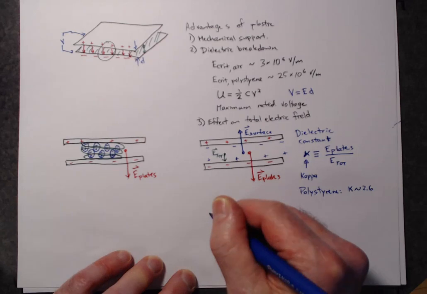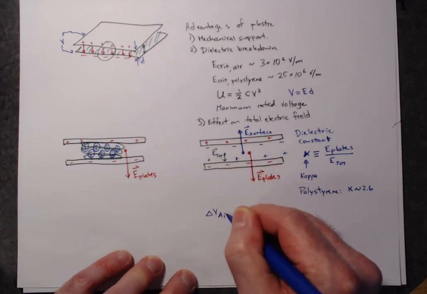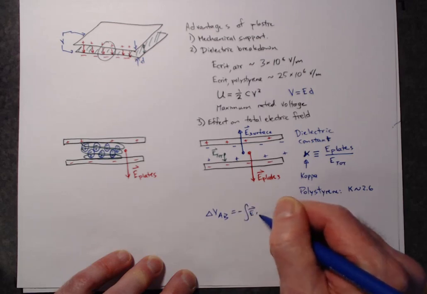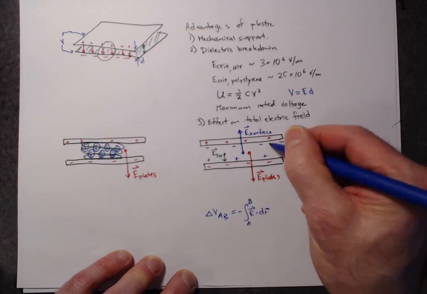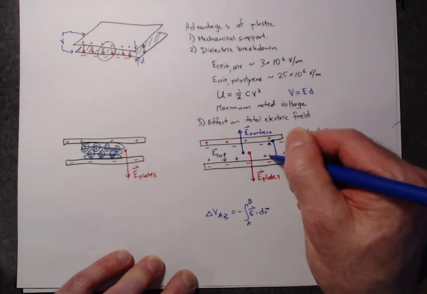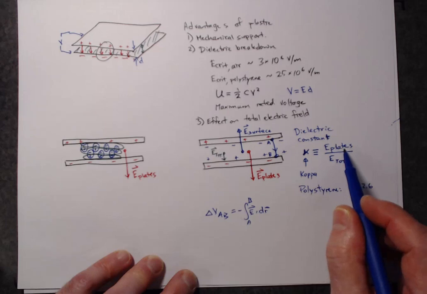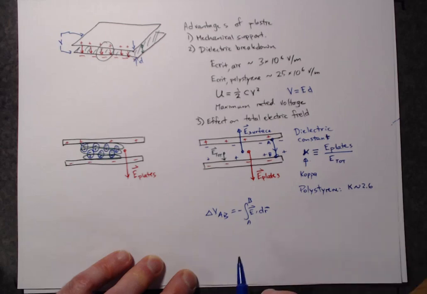Well, we could calculate the voltage between the two plates using delta V_AB equals minus the integral of E dotted into dr, evaluated along some line from A to B. So like some line from a point here down to a point here. We just said that all along that line, the electric field is reduced by this factor kappa, reduced by a factor of 2.6 for polystyrene.